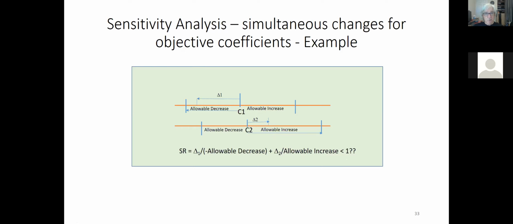If it is equal to 1, you don't know. It's questionable. If it's greater than 1, almost 100% of the time, there will be a change in the optimal solution. Only when the sum of ratios is less than 1, then there will be no change in the optimal solution.